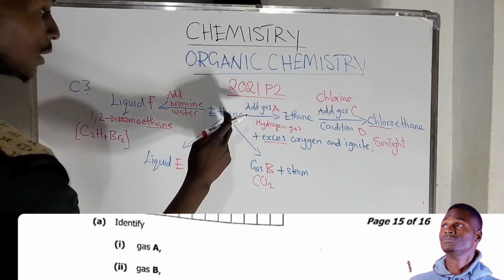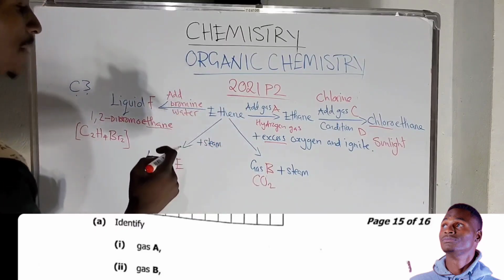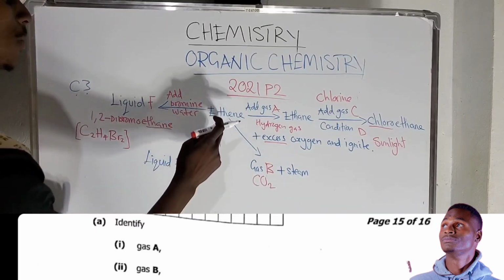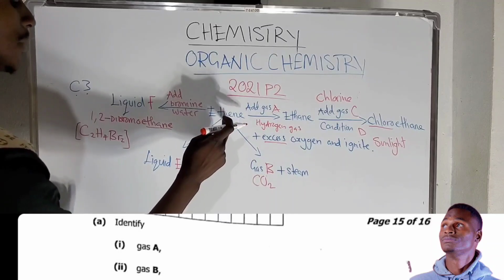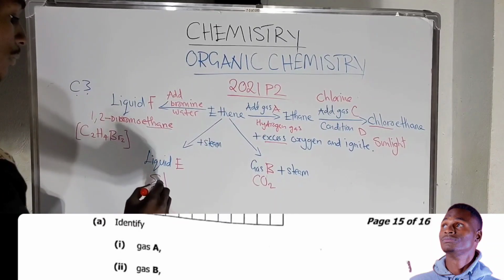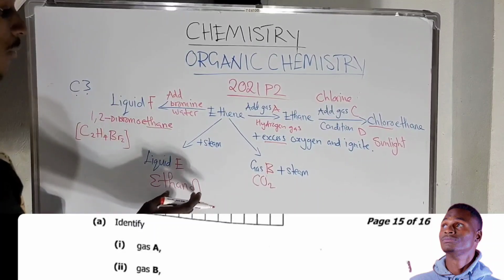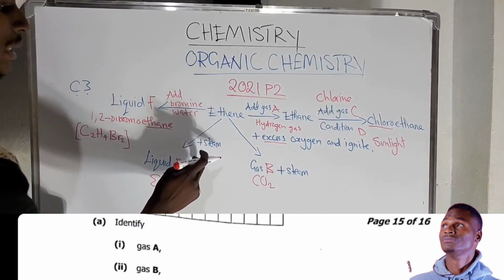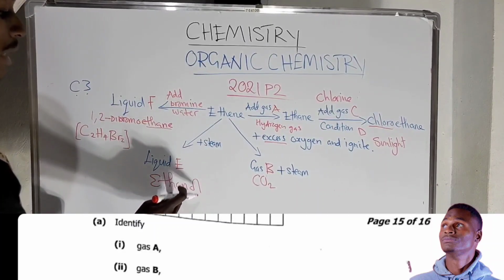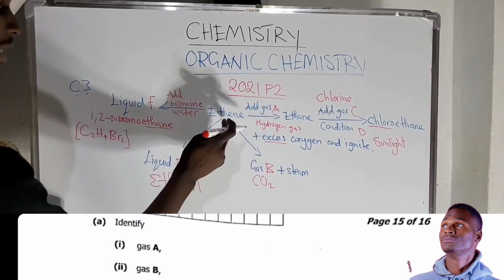When we add water to ethene, remember what I said in the other video, we form ethanol. This is called hydration. When water is removed from ethanol, the other way around, it's called dehydration.